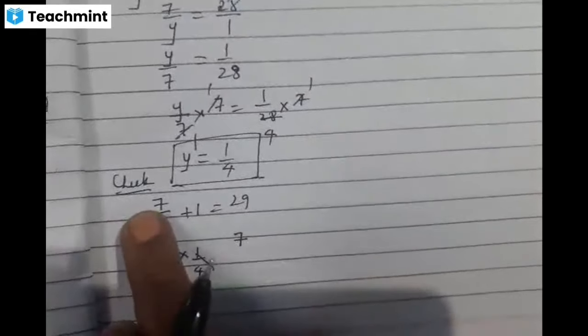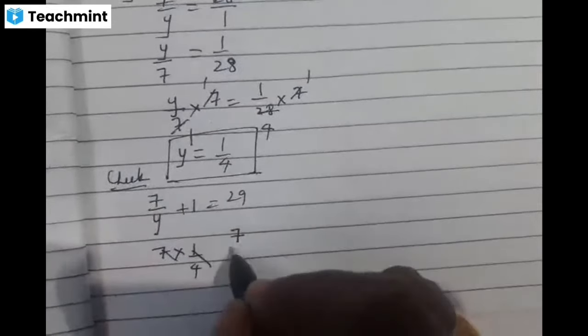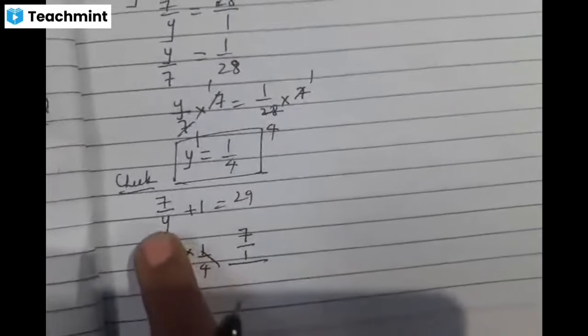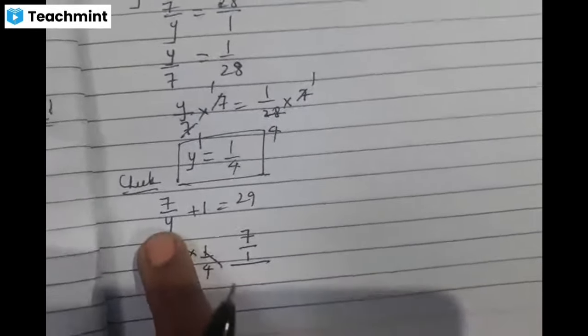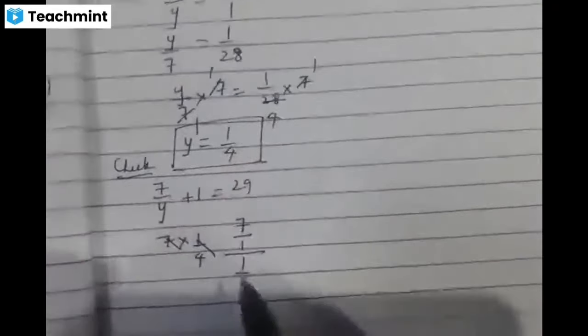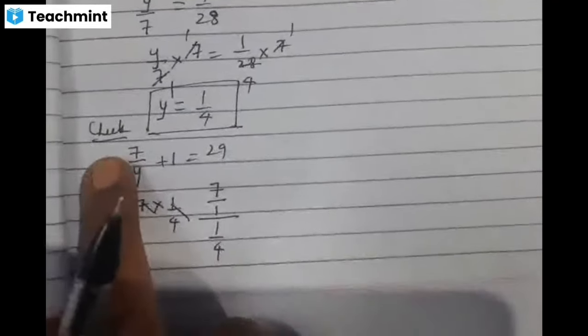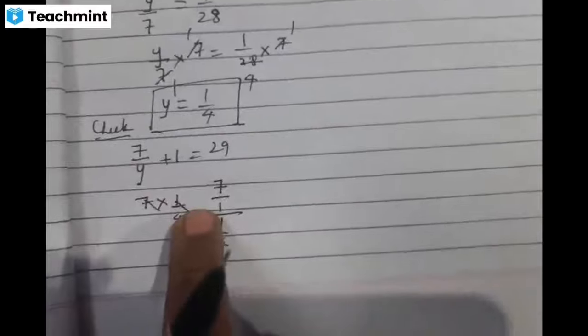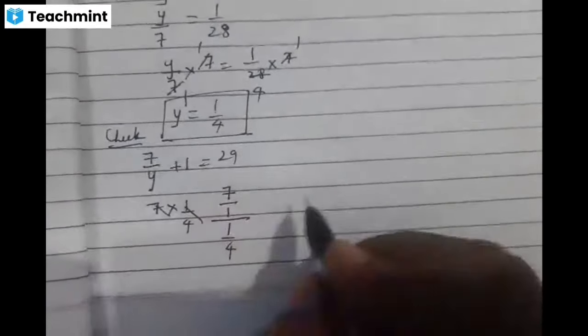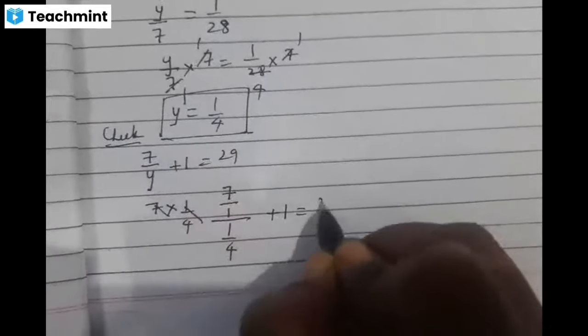What is in the numerator? You have 7. 7 I write as 7 by 1. Now in the denominator, what do you have? y. What is the value of y you have got? 1 by 4. See what I have done? I have written 7 as 7 by 1 and y as 1 by 4 in the denominator. Plus 1 is equal to 29.